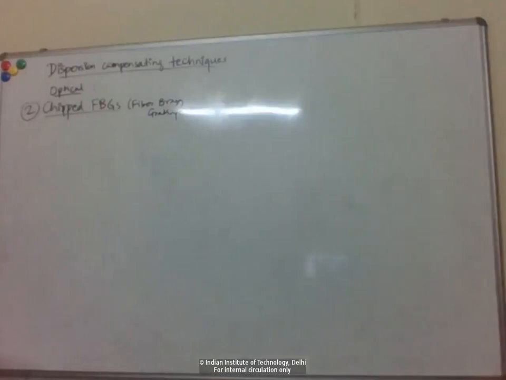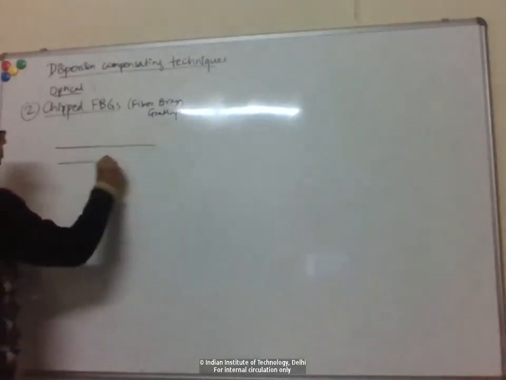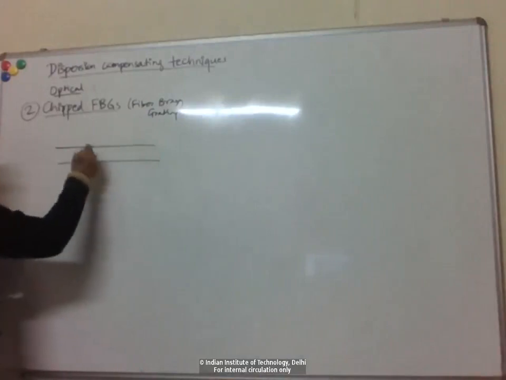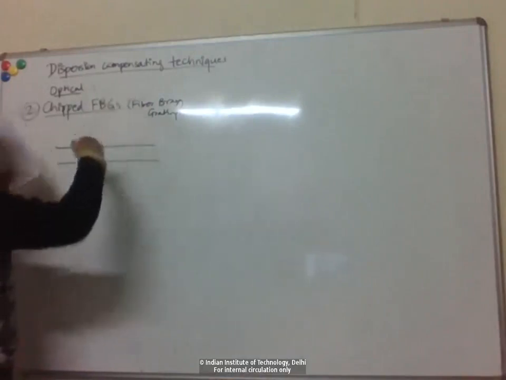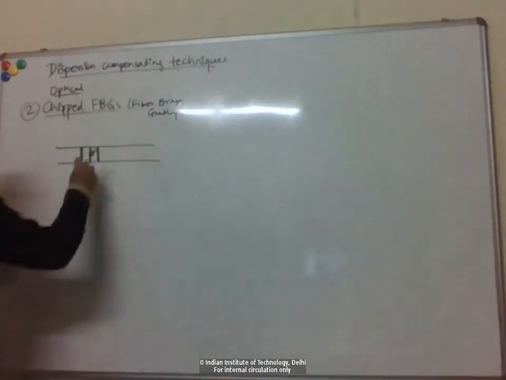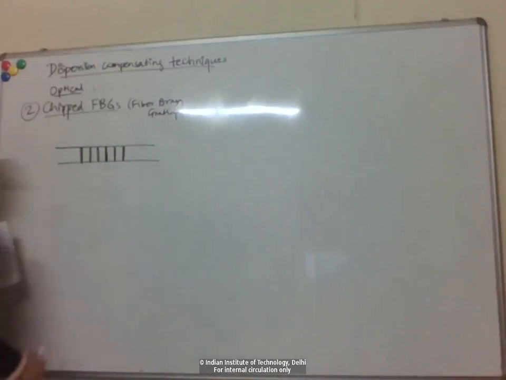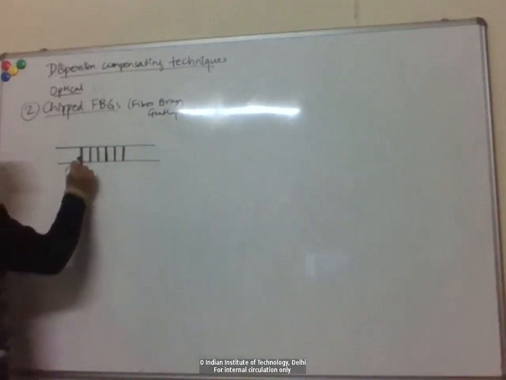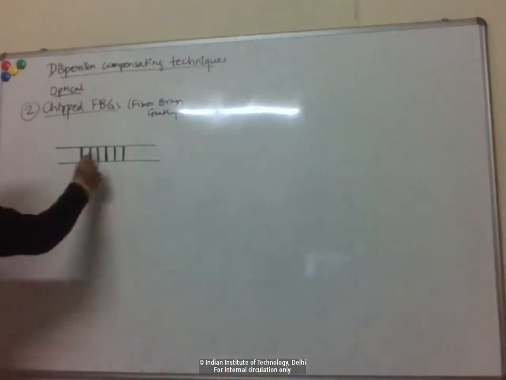So you know from the fiber optics course, basically, a fiber Bragg grating is where you take a fiber and then you write a grating. So you shine UV light and you change the refractive index slightly in regions where the UV has high intensity. So you make a grating with periodic high and low index.